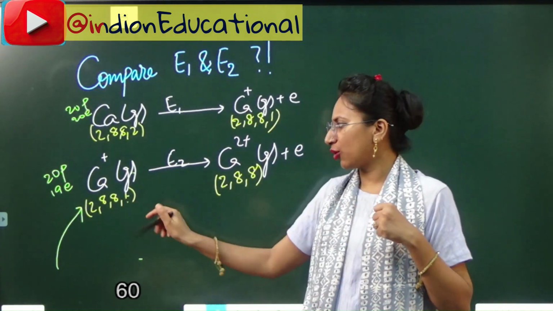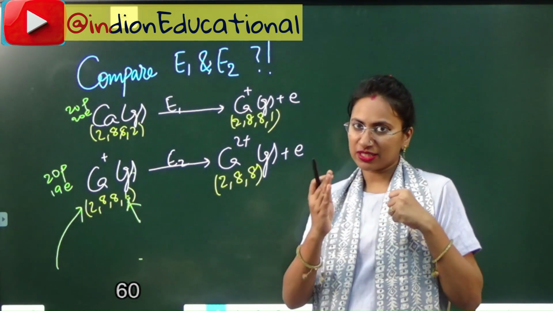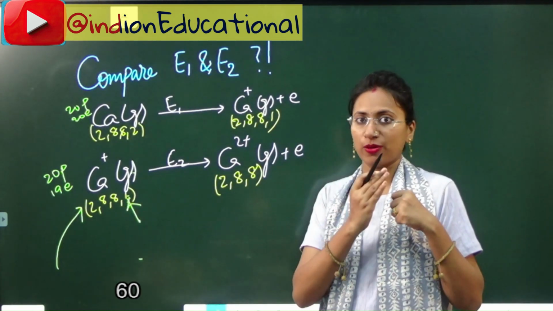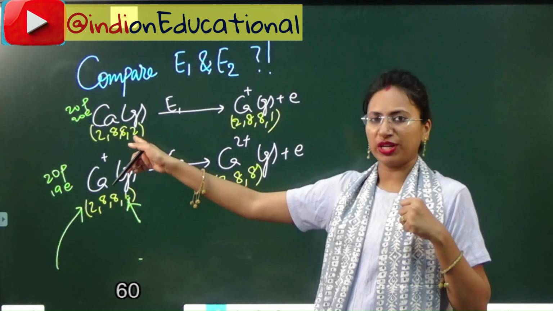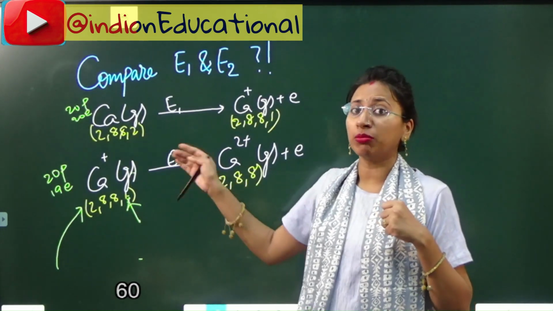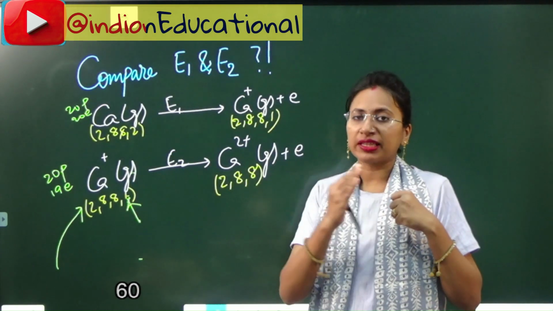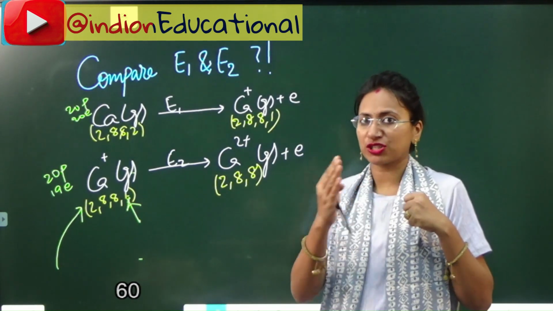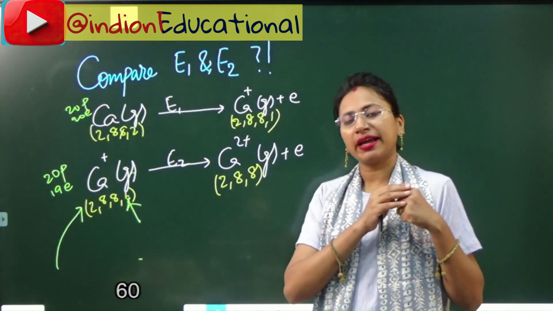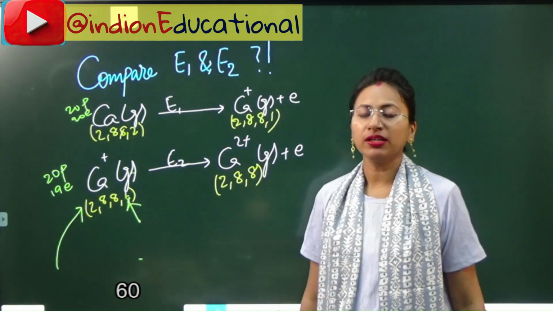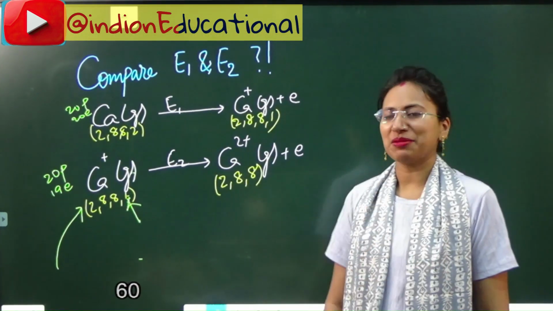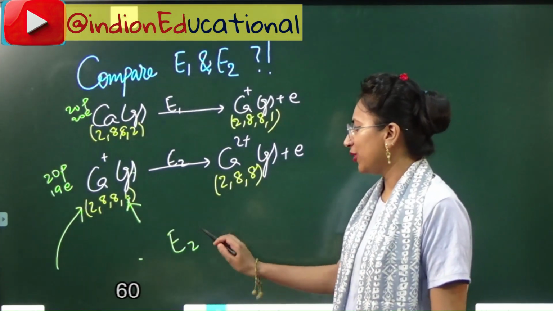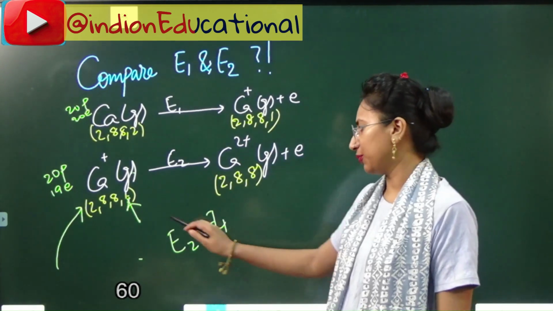If you want to take out this last electron, it is feeling more nuclear pull, so you will need to provide more energy to break that force of attraction between the last electron and the protons in the nucleus. This is the main part here. E2 will always be greater than E1.